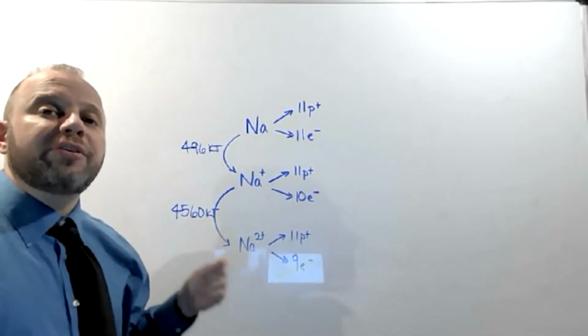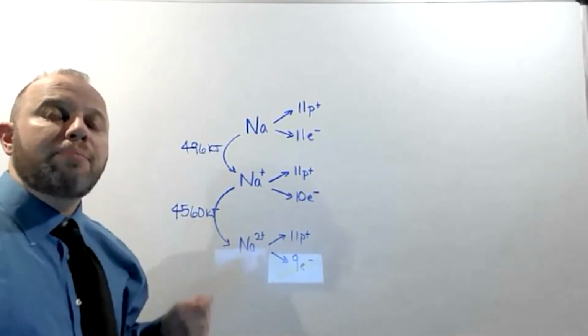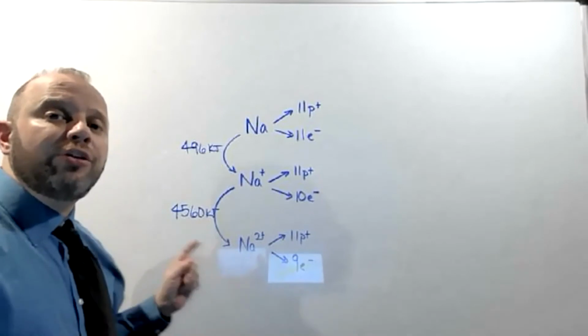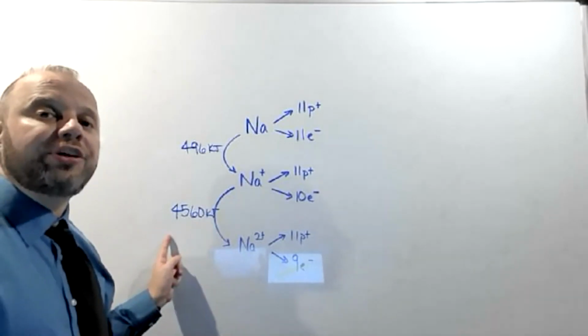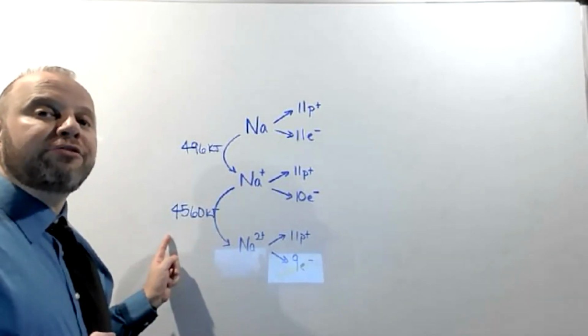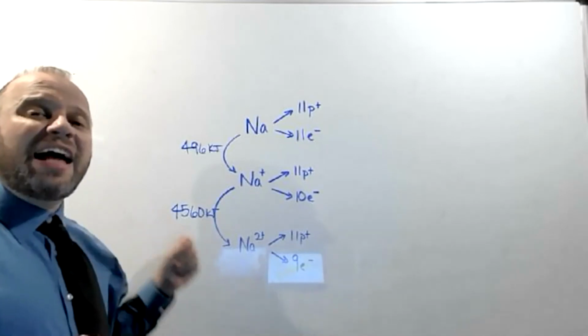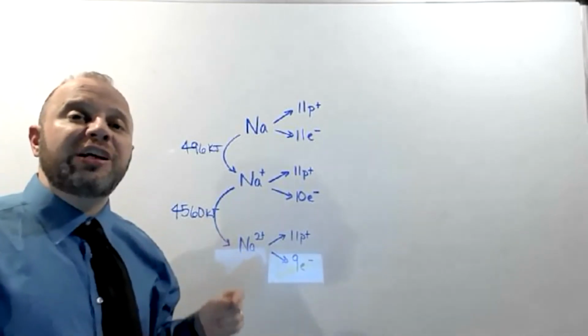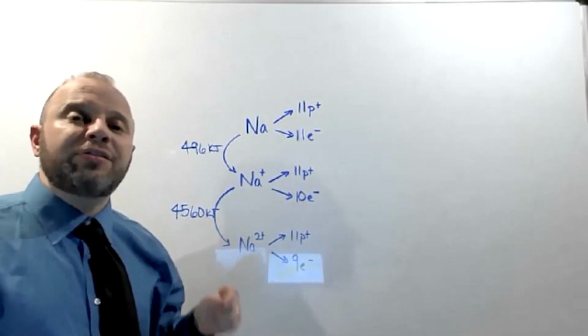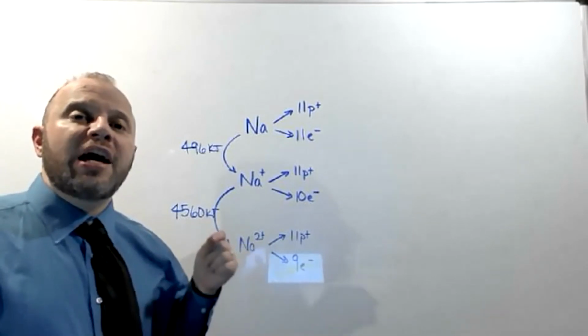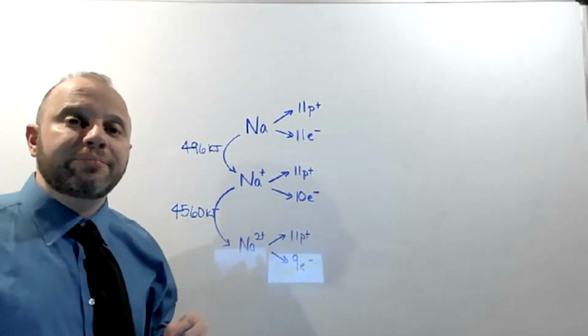However, when we go to remove a second electron, we're breaking up a full energy level. So it costs us a lot more energy to remove a second electron from sodium. That jump in ionization energy can actually help us predict how many valence electrons an unknown atom would have.